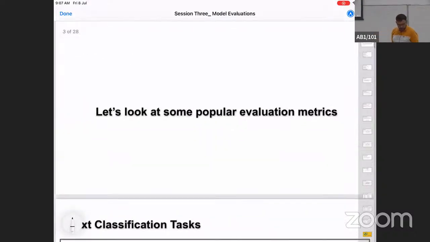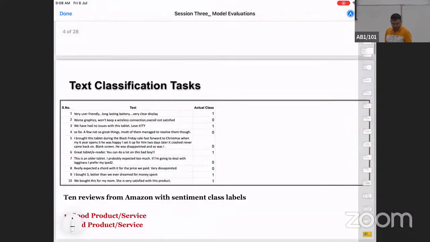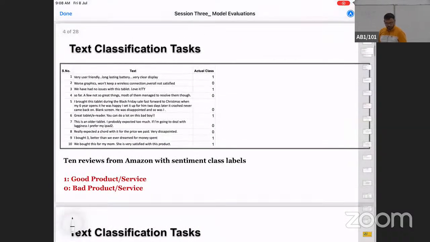Okay, so let us look at some popular evaluation metrics. I hope you remember we have talked about some text classification tasks, and one of the very popular text classification tasks is sentiment analysis. In sentiment analysis, you are going to get these kinds of reviews, and for each review you will assign some class.